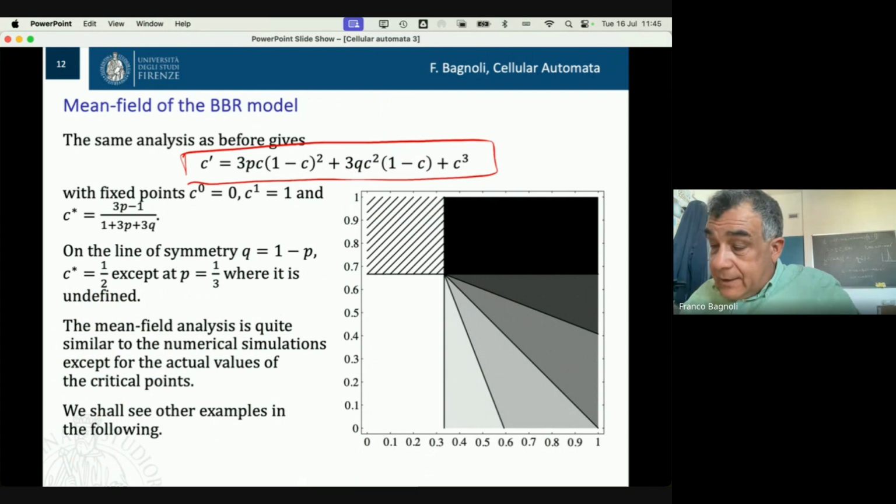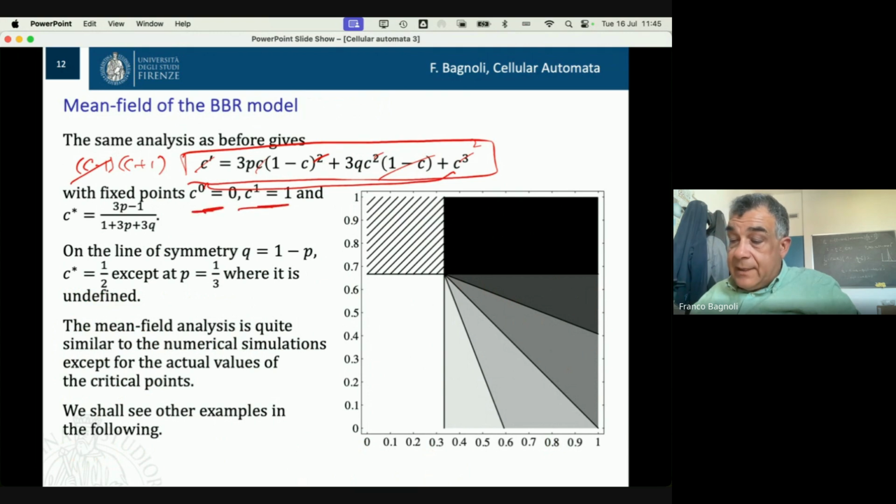You see that there is one solution, C equal to 0. If you bring this from the other side, it becomes C minus 1, so it can be written C minus 1 times C plus 1. And so you see that there is another solution, C equal to 1. These are the two absorbing states.